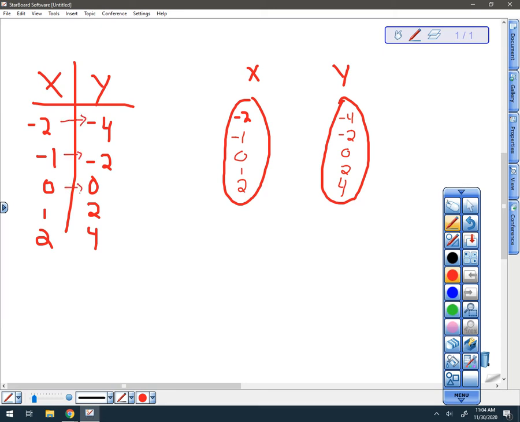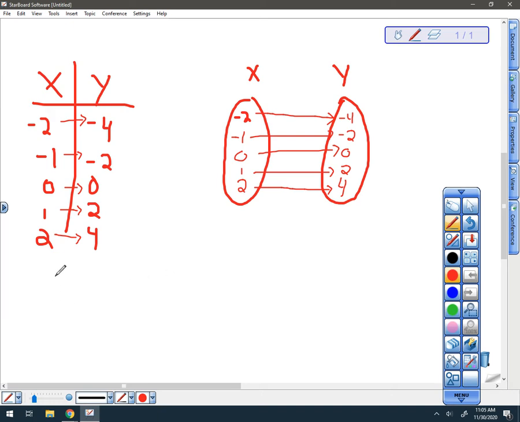So -2 matches with -4, so you draw a line from -2 to -4. You draw your arrow. That's it. It's just showing what the x is matched with. It's kind of weird and different. You haven't seen this, but it's just one other way to show a set of points. -1 goes to -2. 0 goes to 0. 1 goes to 2. 2 goes to 4. So that's how you make a mapping.